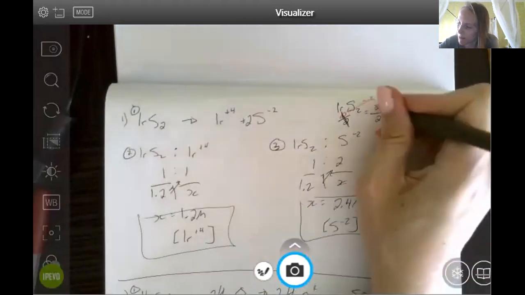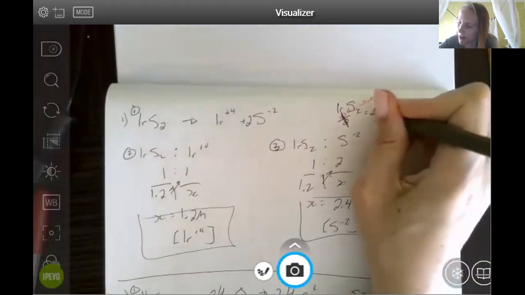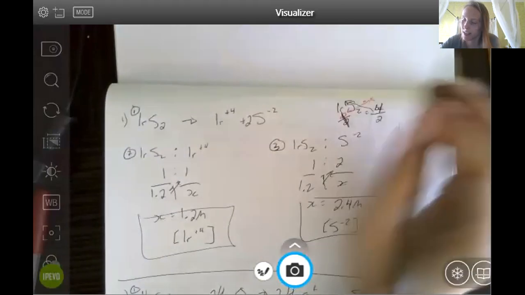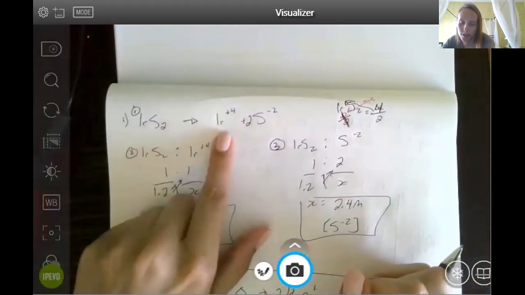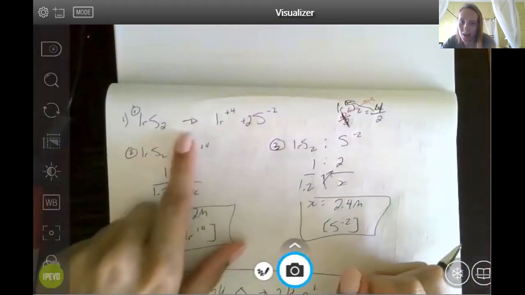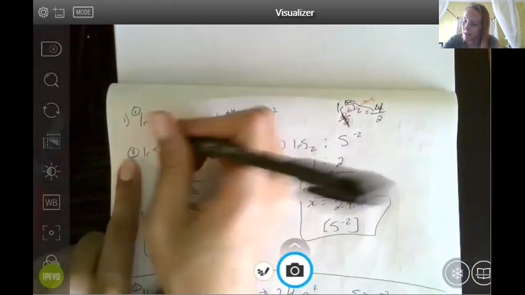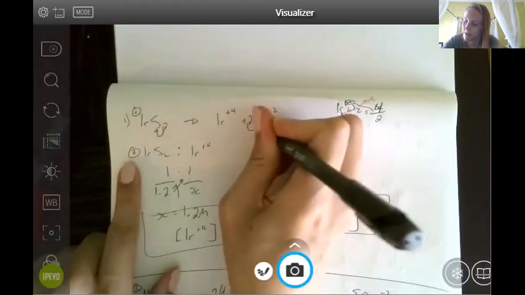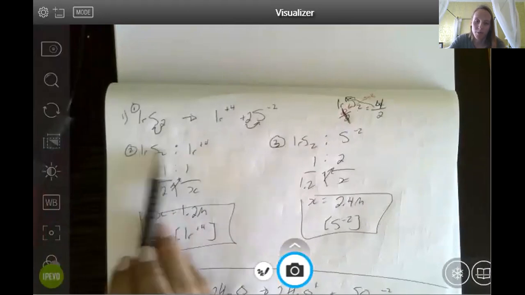That something must have been a 4, which is how we find the charge of our metal is +4. Then I balance this by putting a 2 in front of my S, and then I just set up my mole ratio.